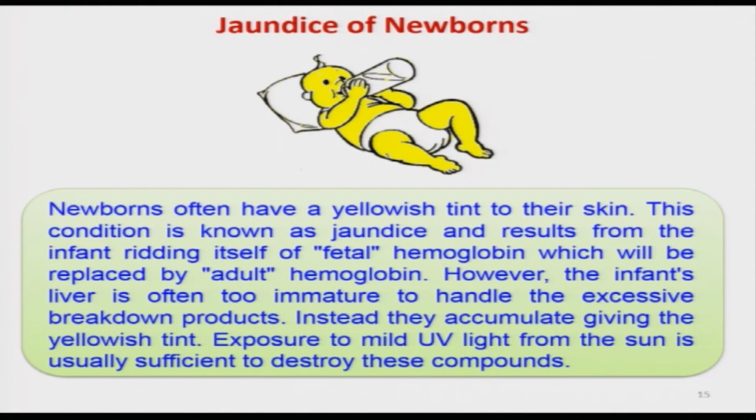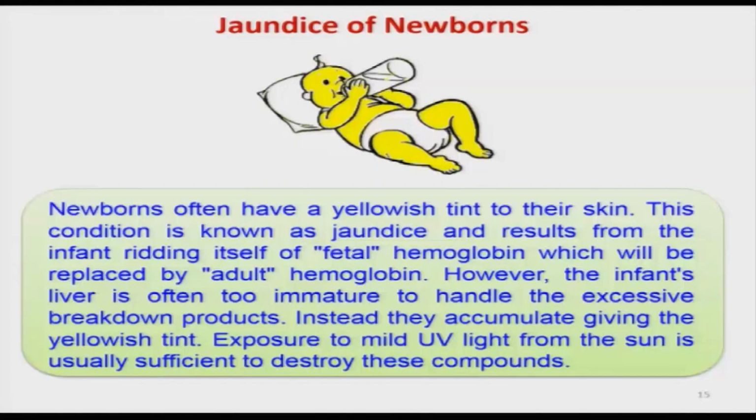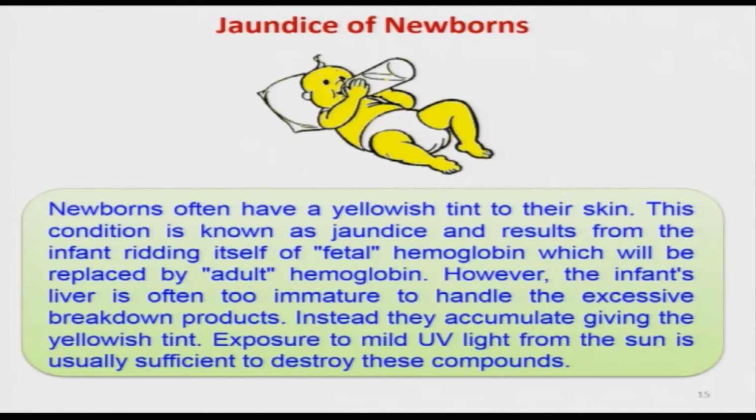When the newborn baby is born, the fetal hemoglobin needs to be converted to adult hemoglobin. So, all the hemoglobin during a short period of time will be converting to adult hemoglobin. And if the liver is not very strong, what would happen?